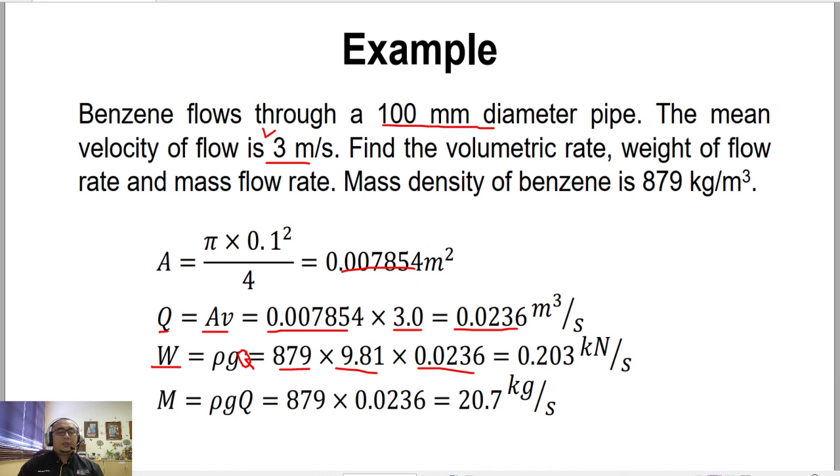Kemudian mass flow rate, the formula is rho Q, so dia tak ada g. So rho Q is equal to density darabkan dengan Q terus. So kita dapat 20.7 kilogram per second.